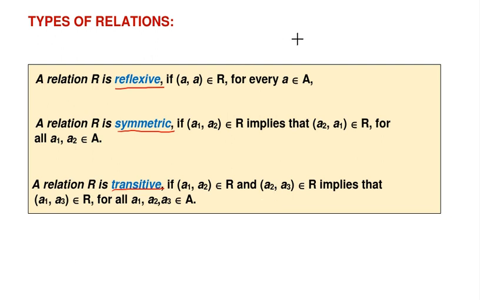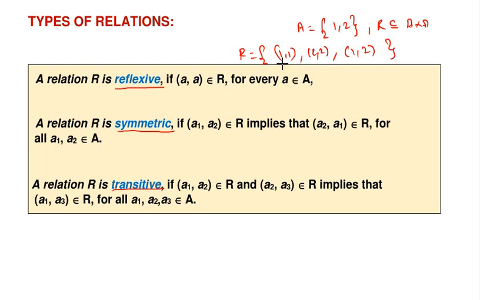For example, A is a set containing two elements 1 comma 2, and R is defined in A cross A. If we have the relation R like 1 comma 1, 2 comma 2 and 1 comma 2, this is accepted as a reflexive relation.